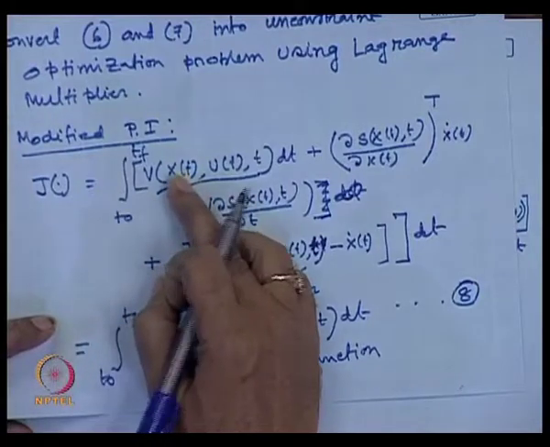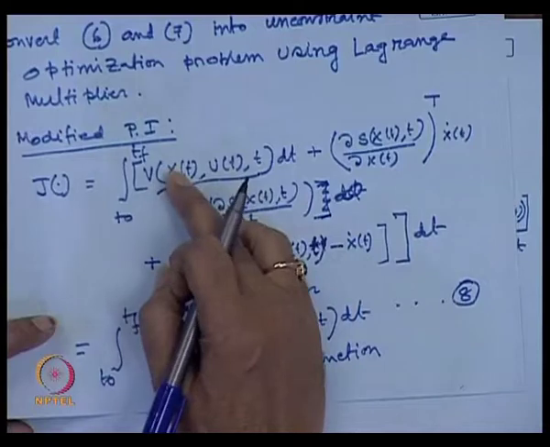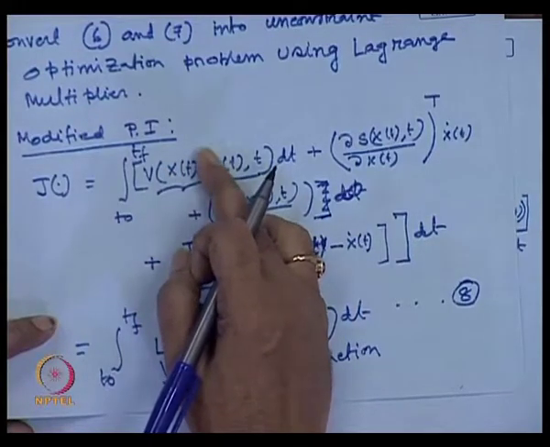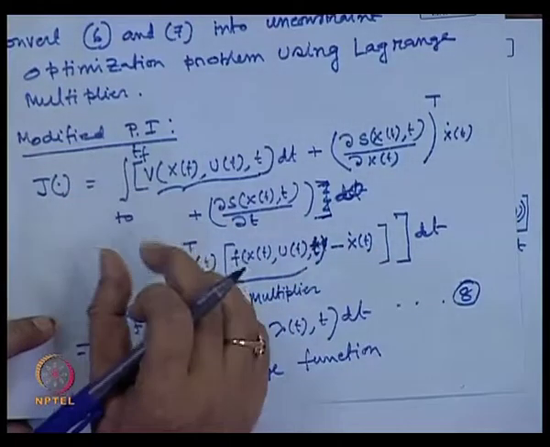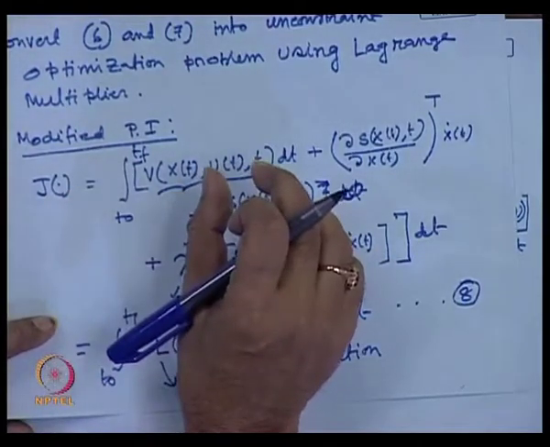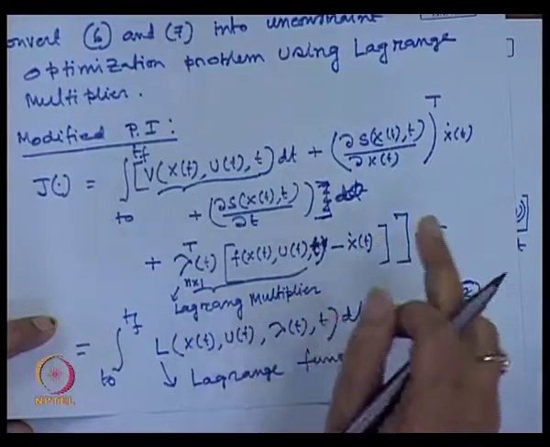Now, I perturb u by u plus delta u, naturally x will be perturbed to x plus delta x, agree, and then we are finding out what is the new objective function when we perturb the trajectory u star to u star plus delta u and x star to x star plus delta x.